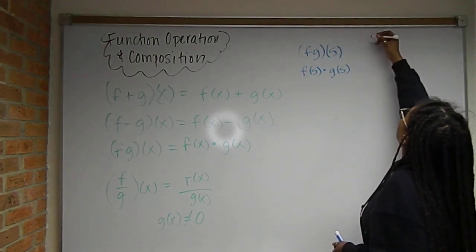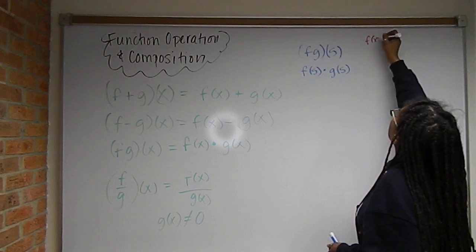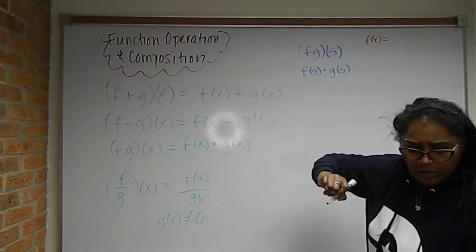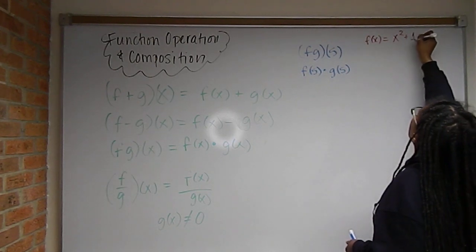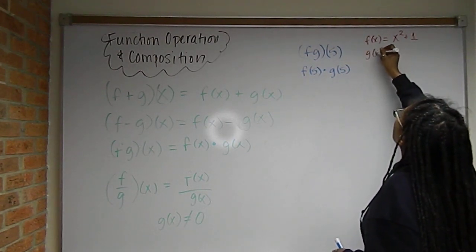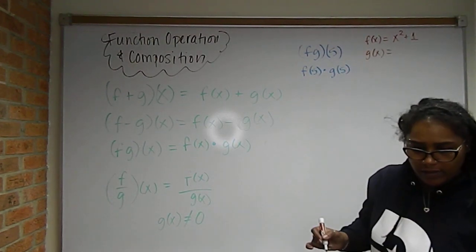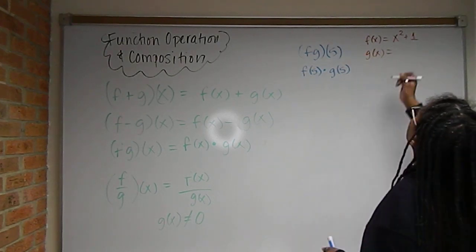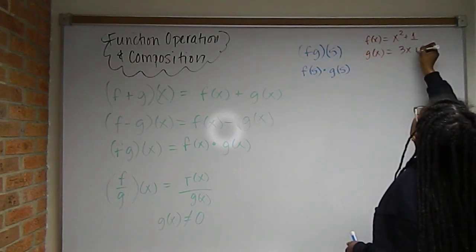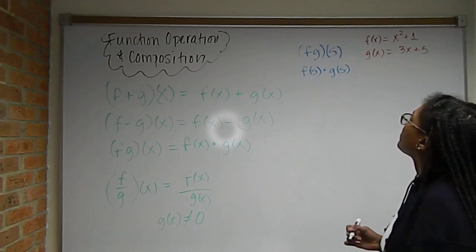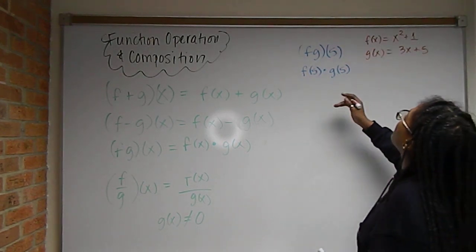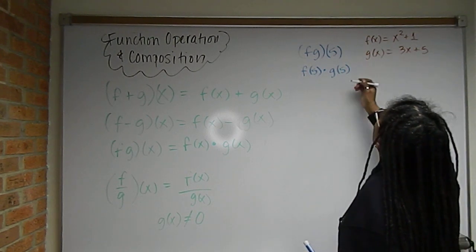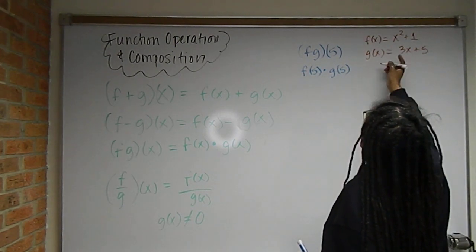We still have f of x is equal to, what did I say it was? x squared plus 1. And g of x is equal to, what was it, 3x plus 5? Yes, 3x plus 5. All right. So again, we're going to substitute in where we do our f of x.